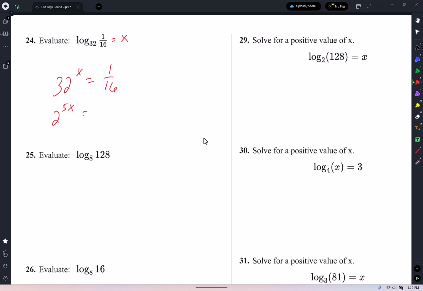And I know that 16 is 2 to the power 4. If I bring it up, 2 to the power negative 4. Does everyone see how I got that? 1 over 2 to the 4 equals 1 over 16, and then I brought that up, so it turned into a negative exponent. The only way those are the same, see the base of 2, is if 5x equals negative 4. So x equals negative 4/5.